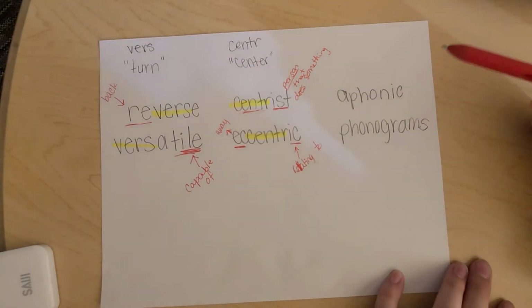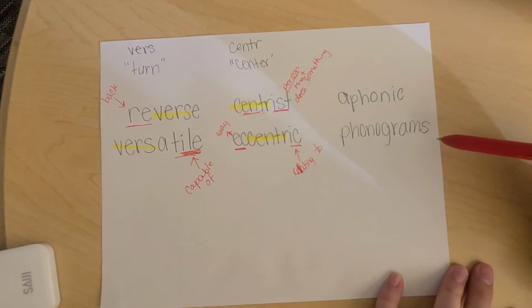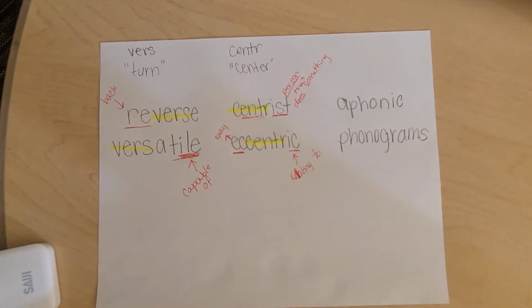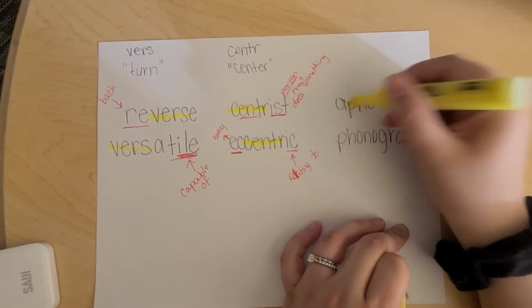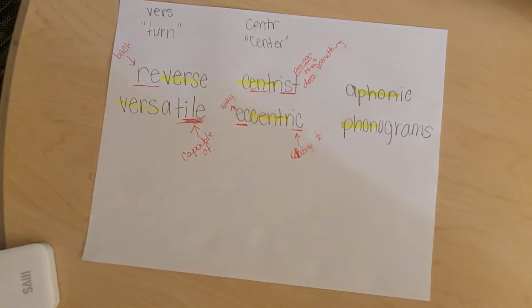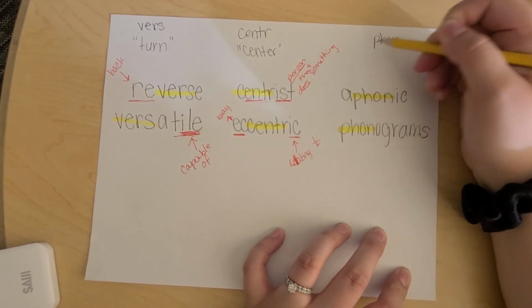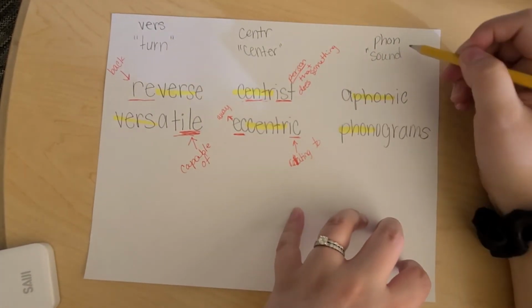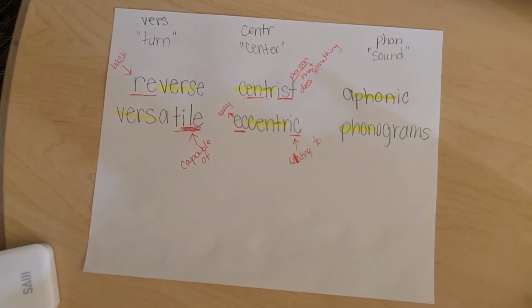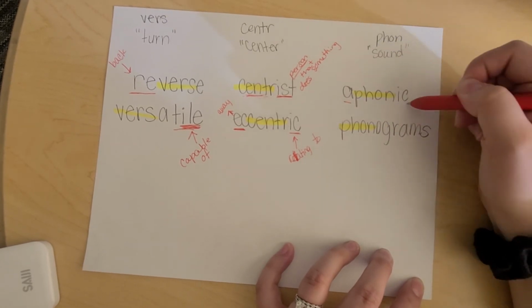And then here we have aphonic and phonograms. I'm familiar with the word phonograms, less familiar with the word aphonic, but I do recognize that I have my word root, phon, and that means sound. I am going to look at my affixes.